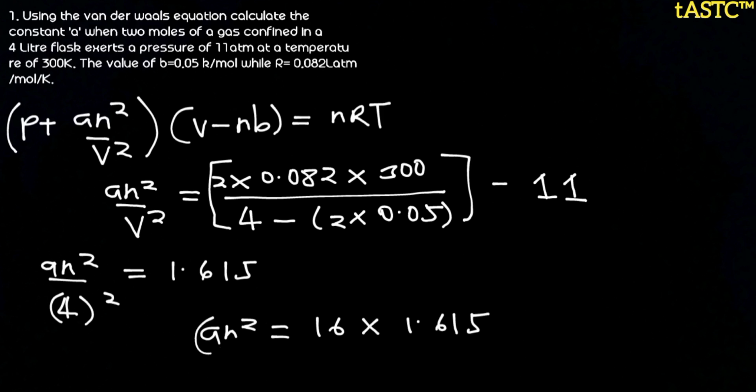Now we need to get A. In order to do that, we need to take N squared and divide through by the stuff. So A is going to be equal to 16 multiplied by 1.615, and this will be divided by N squared. Now N is 2, so N squared should be 4.